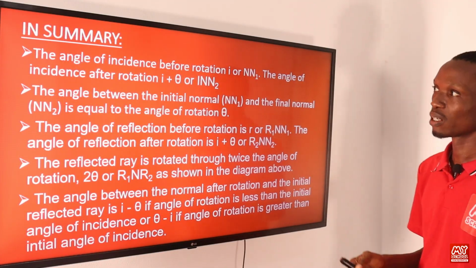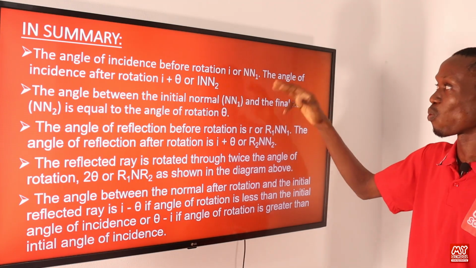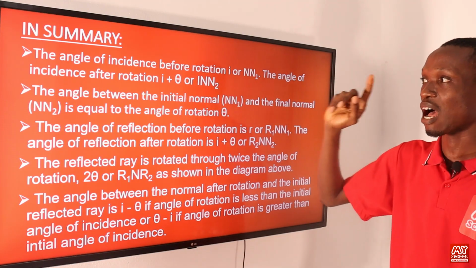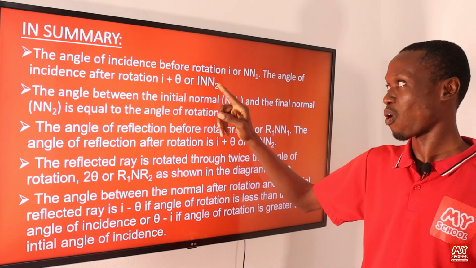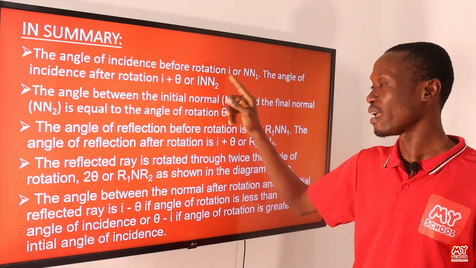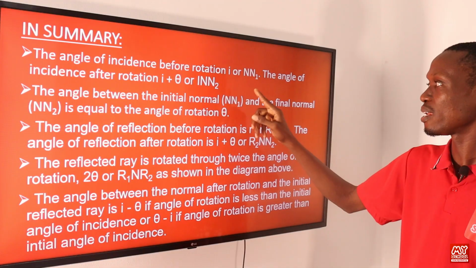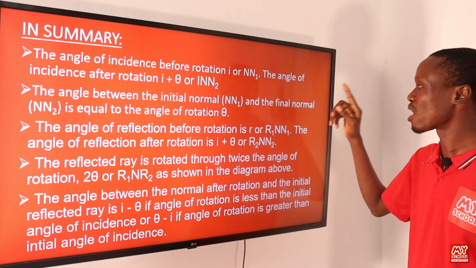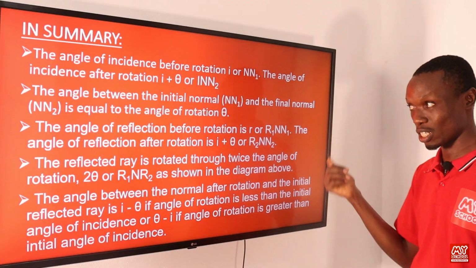So in summary, the angle of incidence before rotation is i, or N I N1. The angle of incidence after rotation is now i plus theta, or I N N2. Then the angle between the initial normal N N1 and the final normal N N2 is equal to the angle of rotation.